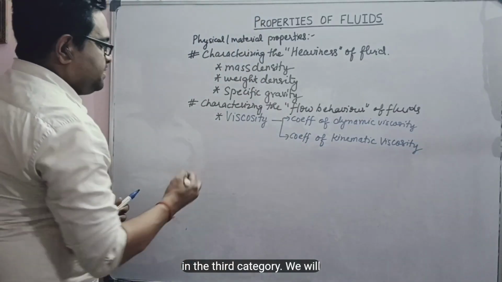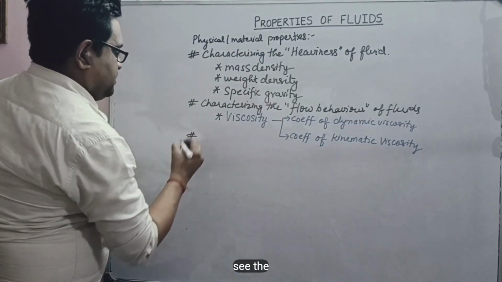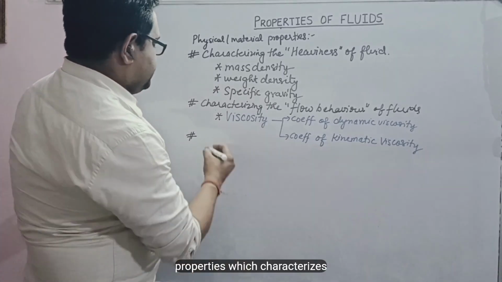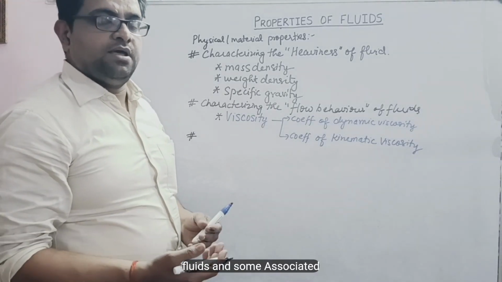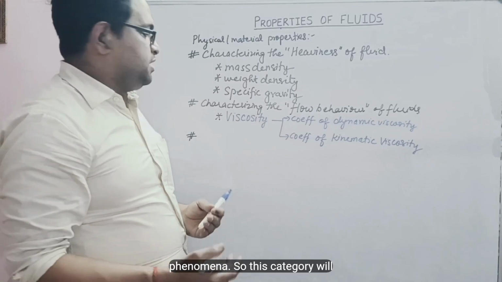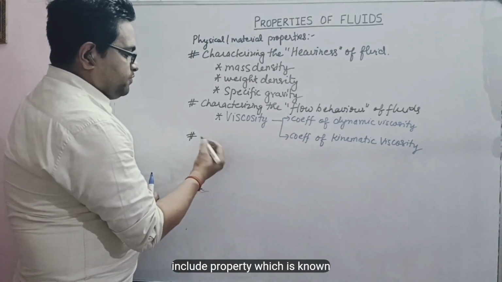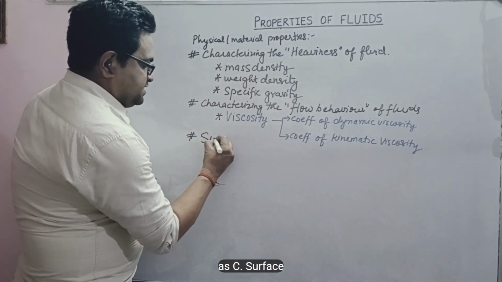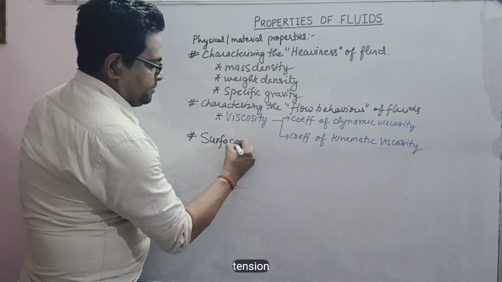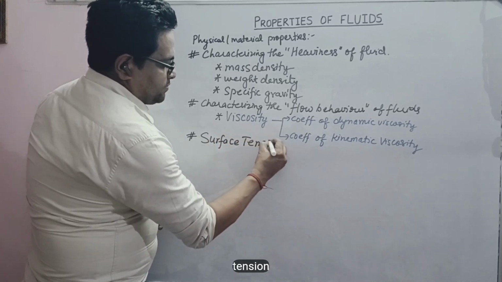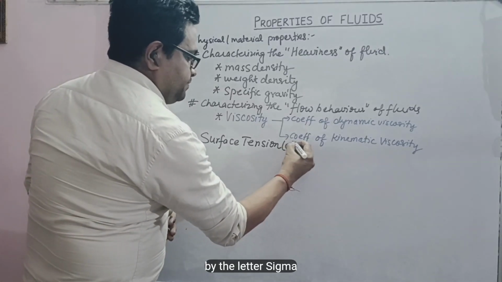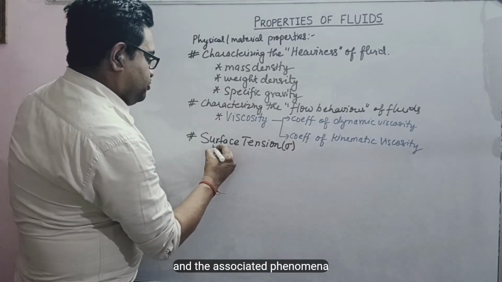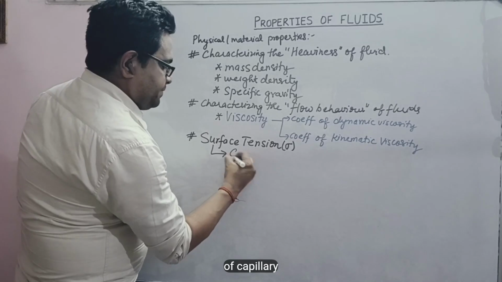In the third category, we will see the properties which characterize the formation of interface in case of fluids and some associated phenomena. So this category will include the property which is known as surface tension, and the coefficient of surface tension, denoted by the letter sigma, and the associated phenomena of capillarity.